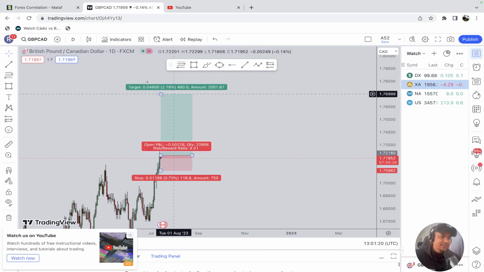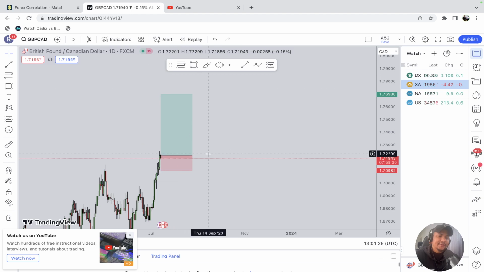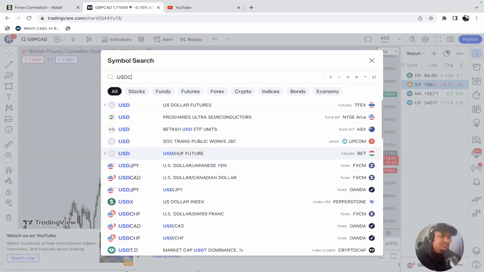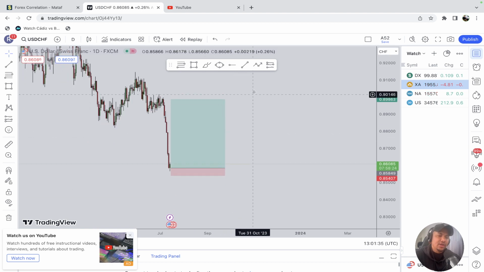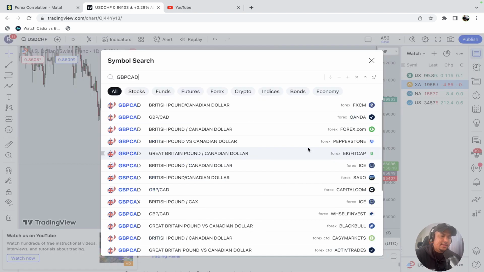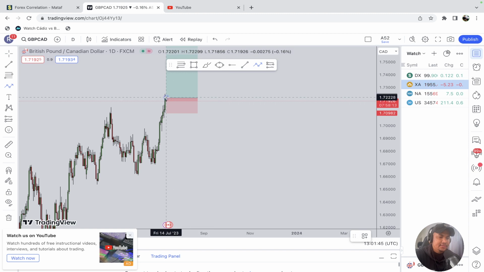So in a situation like this, you can't buy two currency pairs in the same direction, because you know what's going to happen. Let's assume that you might be right about USD CHF, because one of them needs to go up. Now this currency pair might go up until there, and GBP CAD basically also drops 1%, right across the structure.